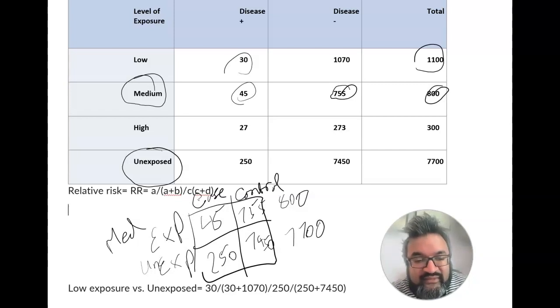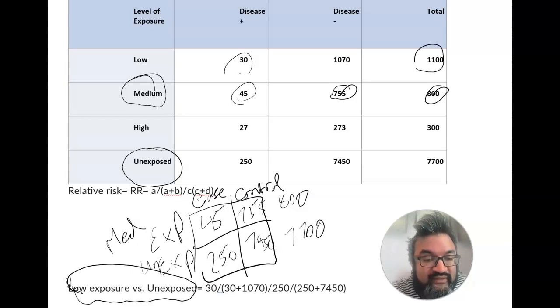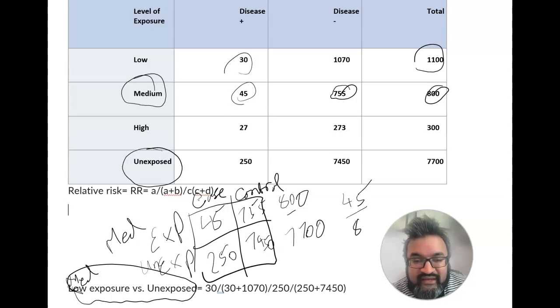So again, let's apply the medium exposure versus unexposed. Medium exposure will be 45 divided by 800 and then divided by 250 over 7,700.